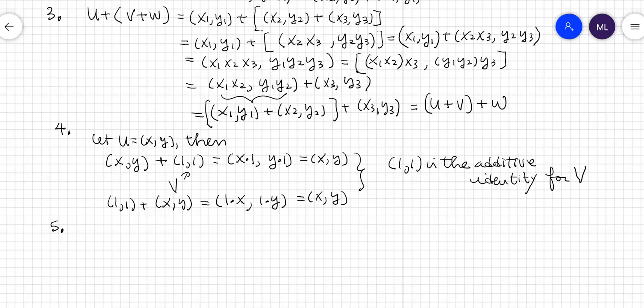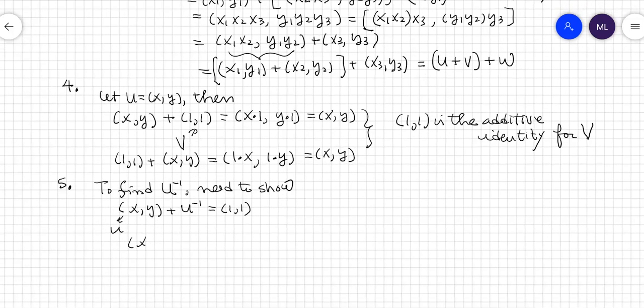So to find u inverse, we need to show that (x, y), this is u plus u inverse, is (1, 1).